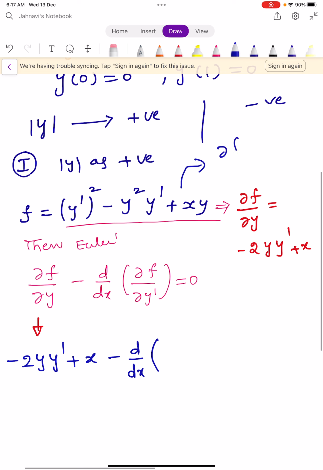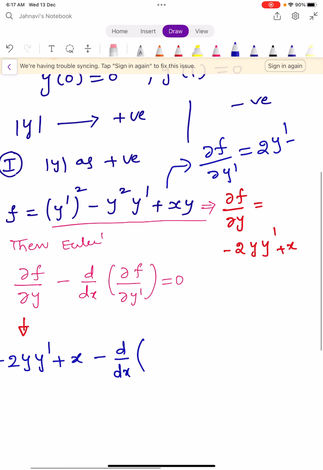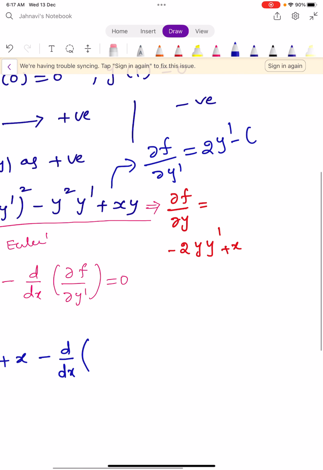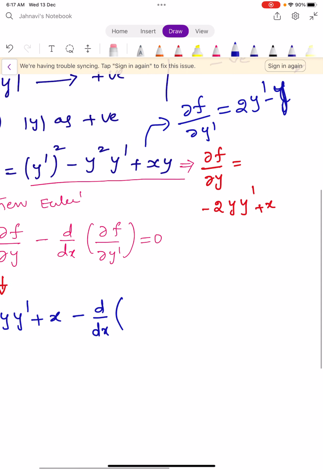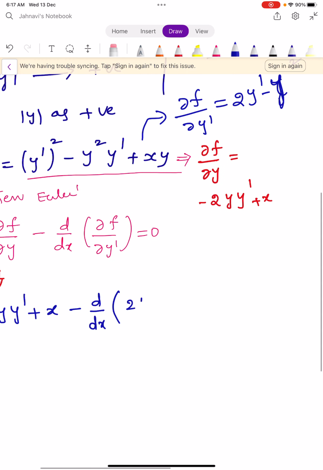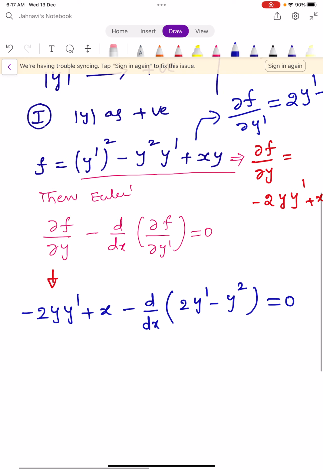Here you get 2y dash minus y square. So 2y dash minus y square is equal to 0.